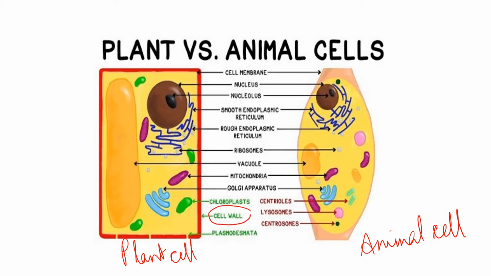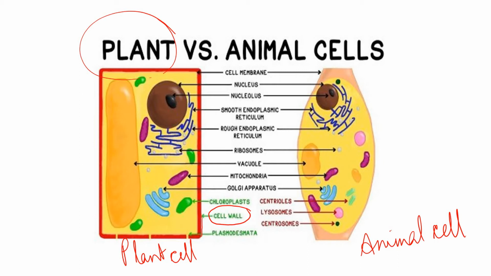Yes, this is the cell wall. This cell wall is present in the plant cells. Can you see any arrow starting from the cell wall towards the animal cell? No, we don't see any arrow towards the animal cell. That means the cell wall is present only in plant cells. Animal cells do not have a cell wall.